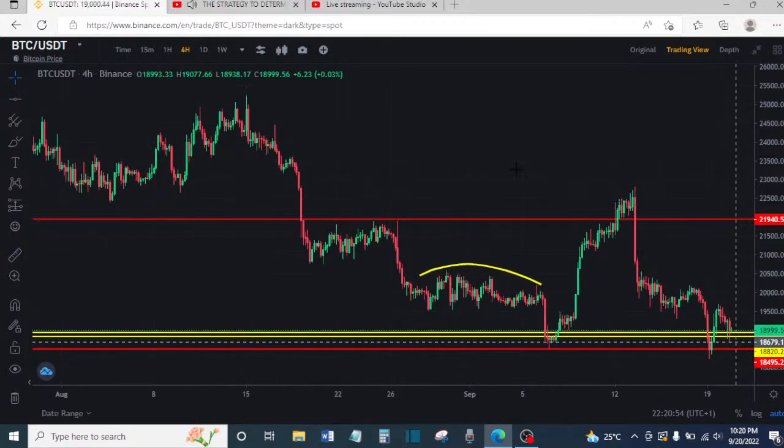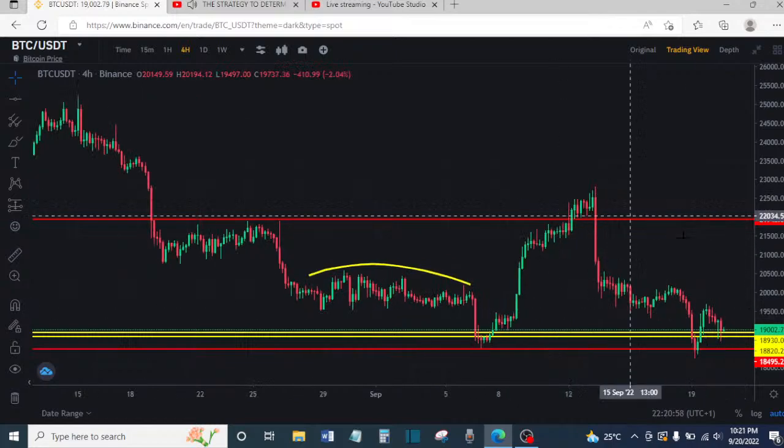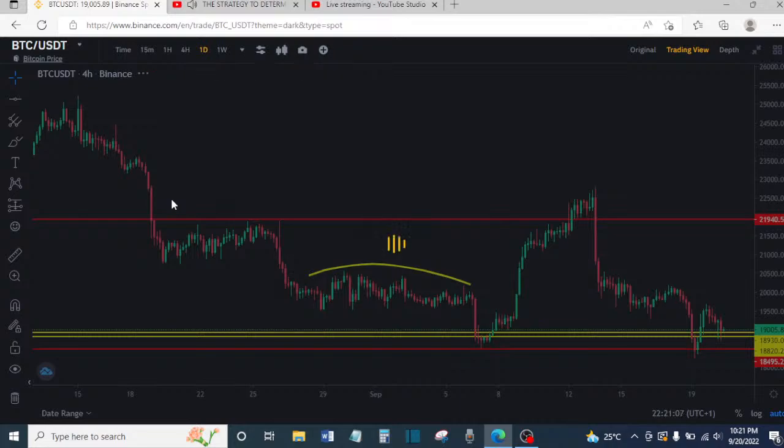future. Now, in this case, I told you that they have a plan, and let's use the daily time frame to explain what we should be expecting.